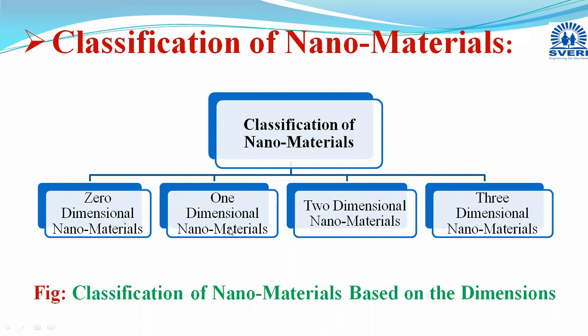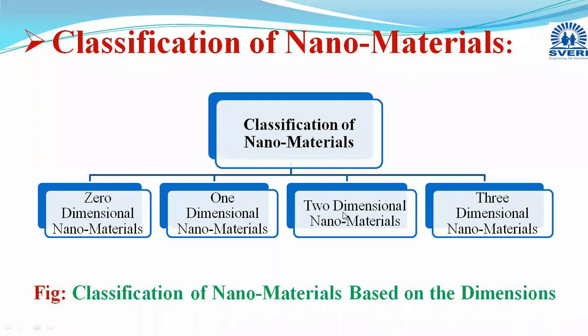In one dimensional nanomaterials, okay, two dimensions will be at nanoscale, and one dimension will be on the higher side or in the microns. Okay, in the zero dimensional, all dimensions are in nanoscale. In one dimensional, two dimensions are in nanoscale and one in the micron.